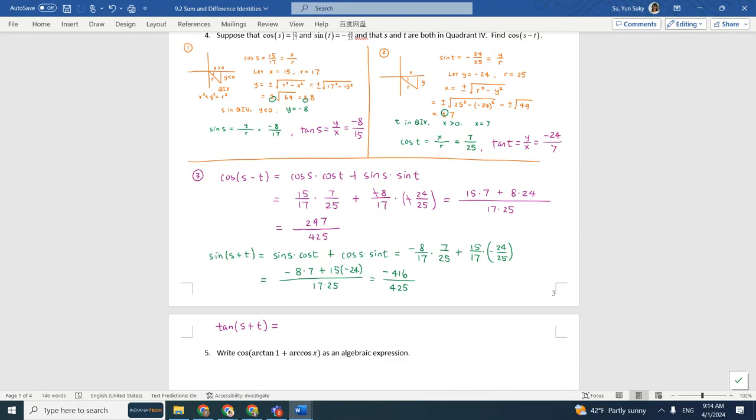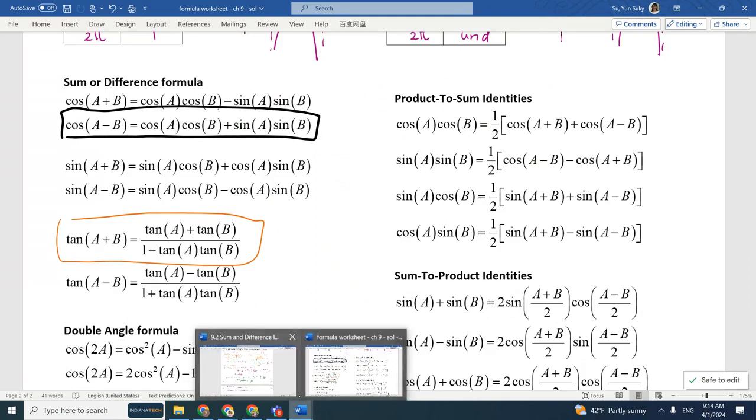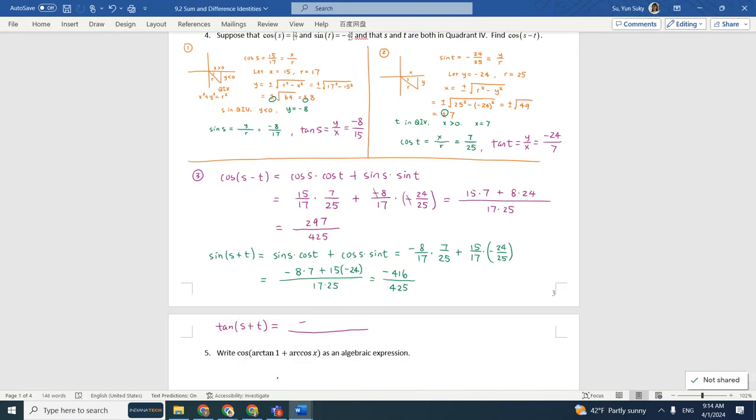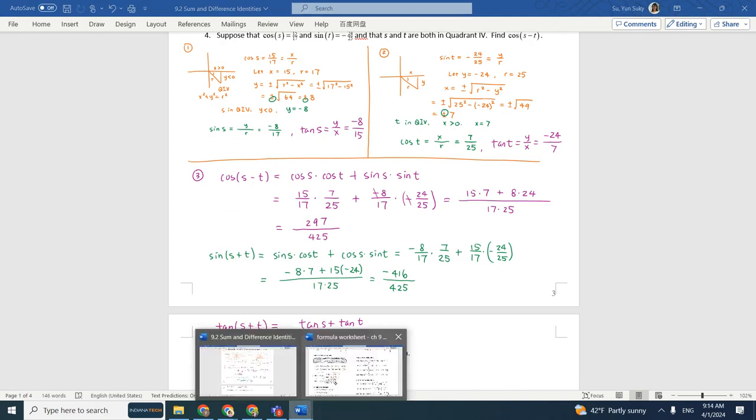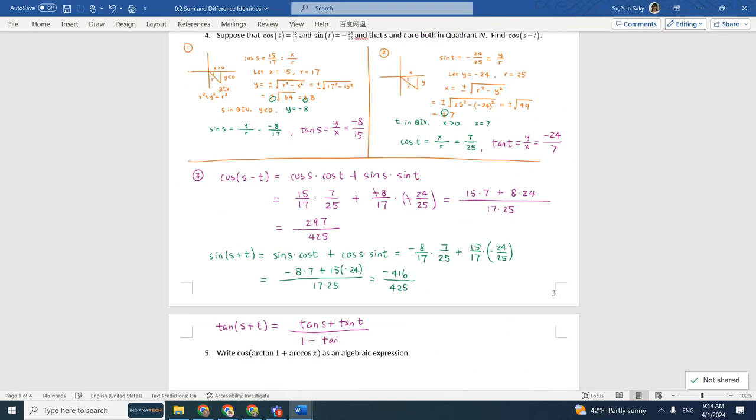Now what do we do? Plug in the formula. So everybody look at the formula and tell me what's in the formula. Tangent S plus T is tangent, but A is like S, right? And B is like T. So tangent S plus tangent T, good, exactly, over 1 minus tangent S and tangent T. Is that okay, everybody?